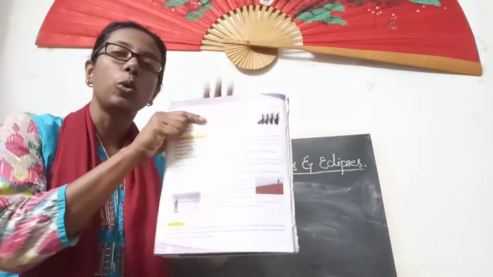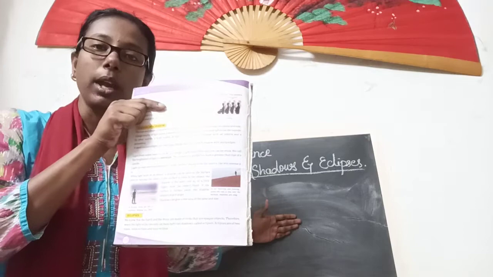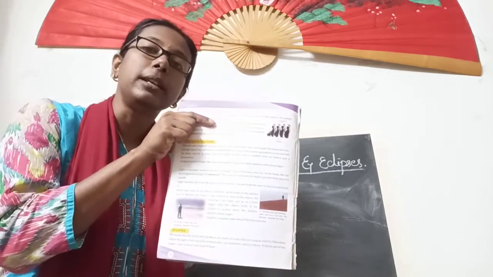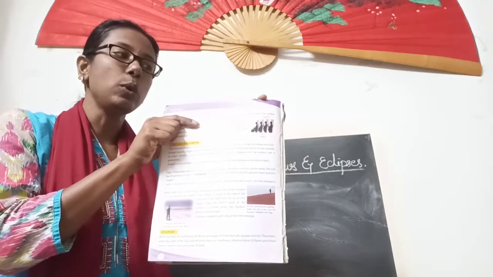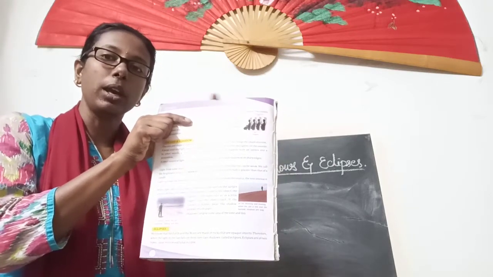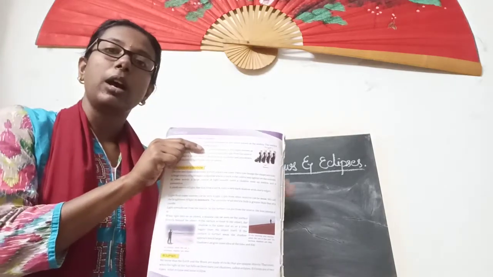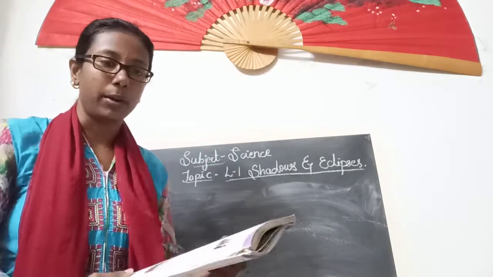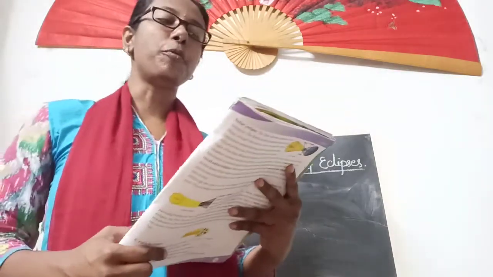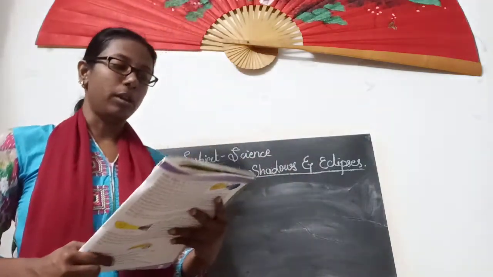That means there is no light passing here. So it will be completely dark, while where the light passes through the corners, a faint shadow will be seen. That is penumbra. Okay, the area of partial darkness at the edges is known as penumbra.